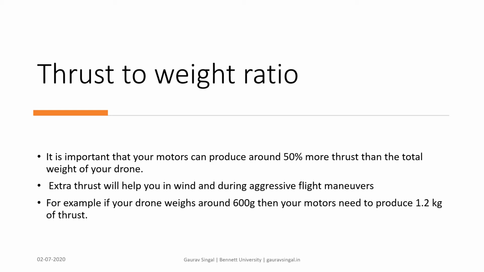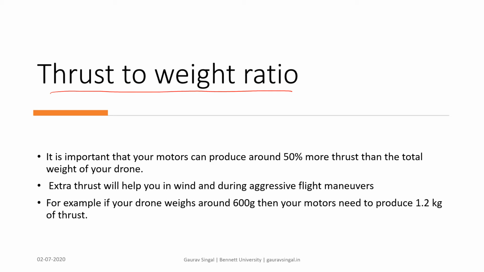There is one term, thrust to weight ratio. To choose the motor, we need to identify the weight of the drone, because ultimately the motors will carry that weight by generating thrust. So thrust to weight is one ratio.